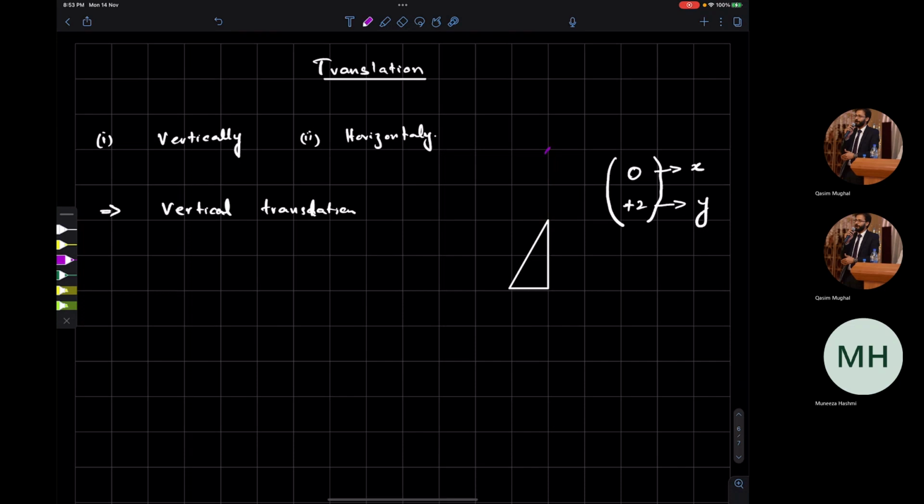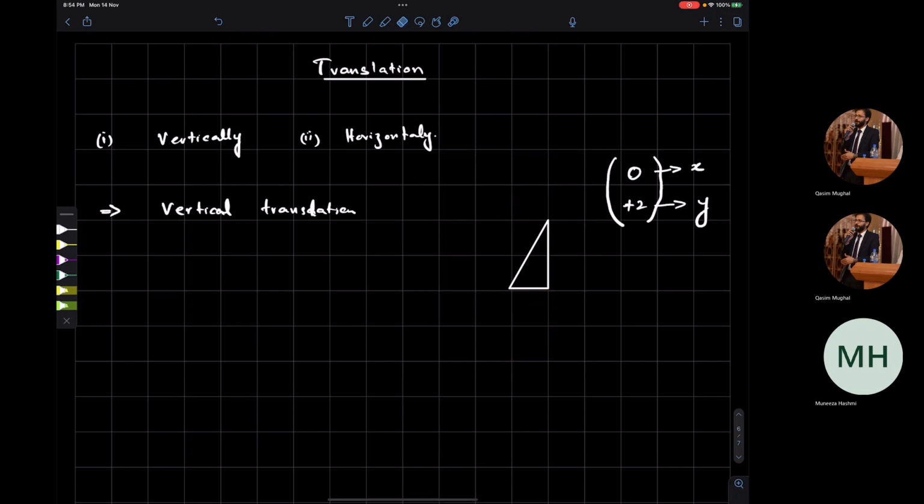So if I draw each of these points after the translation, this is how it's going to be. So I have moved this triangle by 2 units up. If it would have been minus 2 instead, then I would have taken the same triangle 2 units down. Okay?